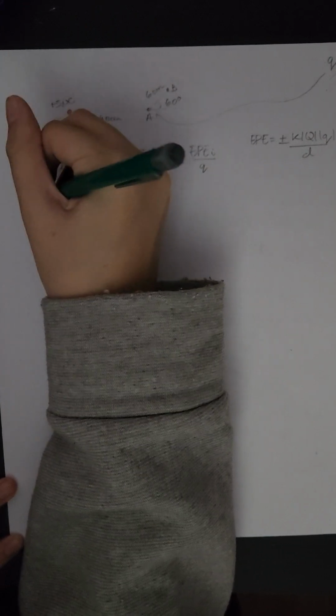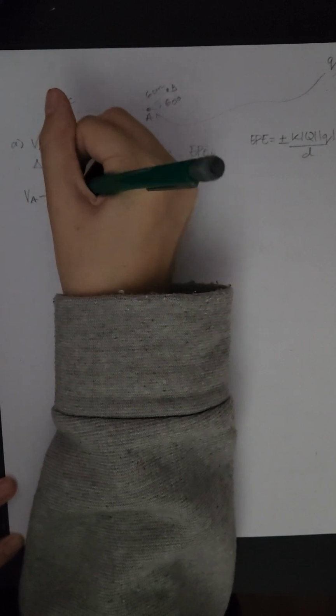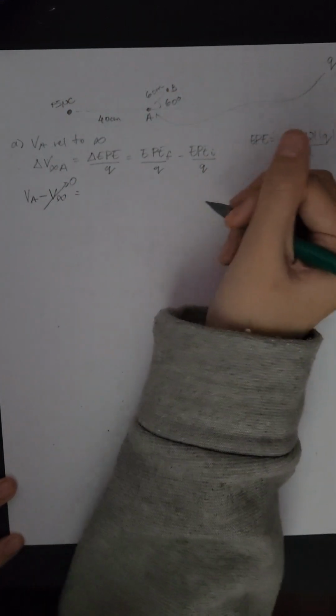So to find this change, we could rewrite this as VA minus V infinity, and that's equal to 0 usually.